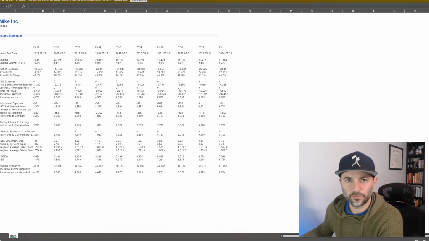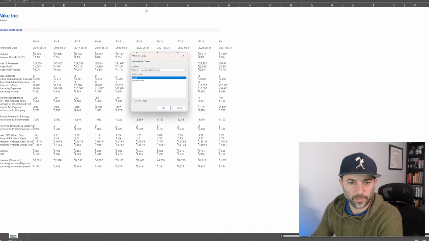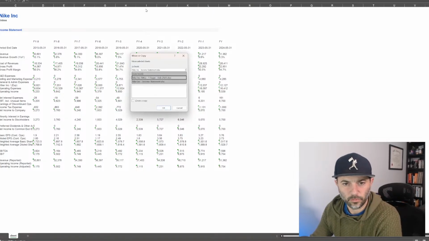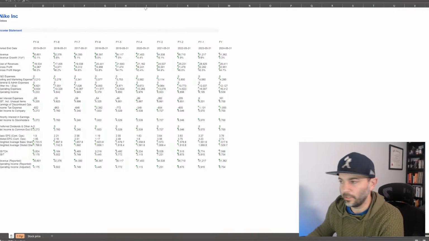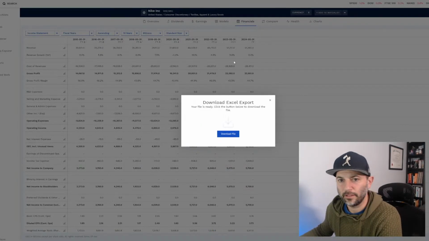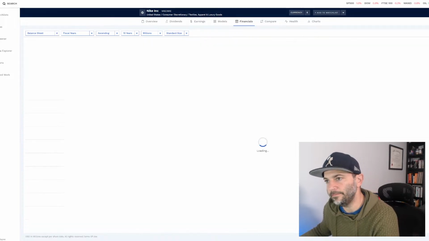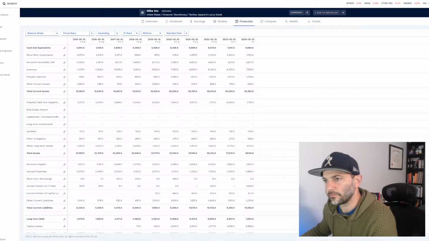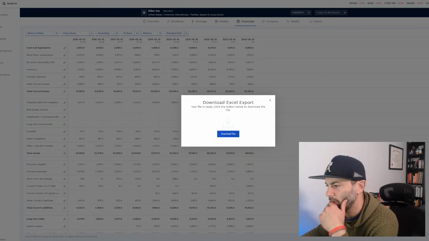What I like to do is first get all the statements together before we start doing things. So I'm going to use my Excel hotkeys and move this over into here, and I'll label it income statement so I know it's that. Let's go back to the internet. Got that one. Let's get the balance sheet. Export balance sheet. Download the file.